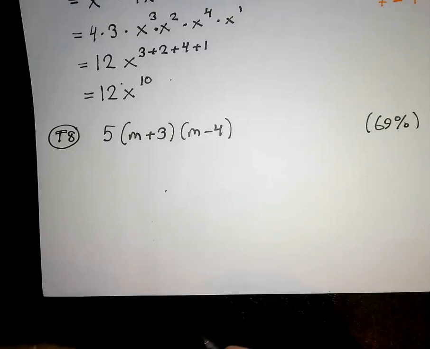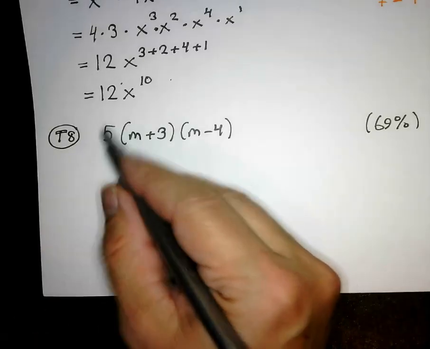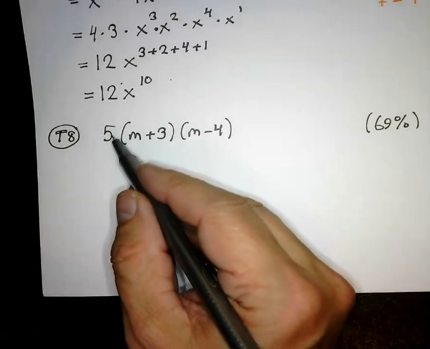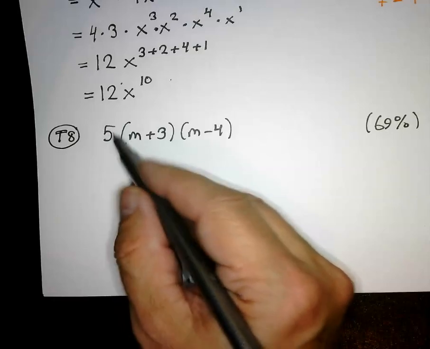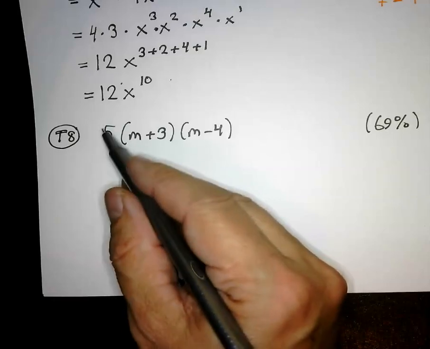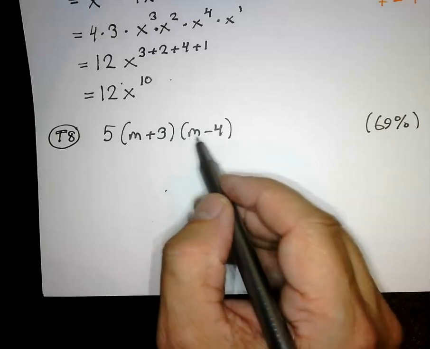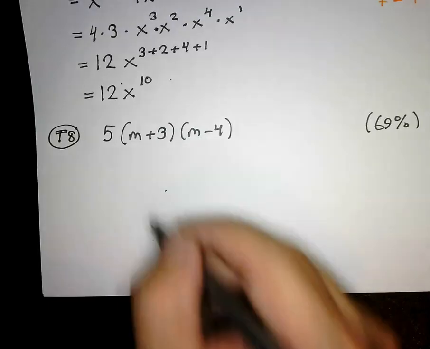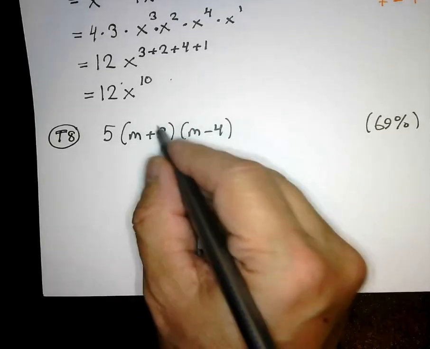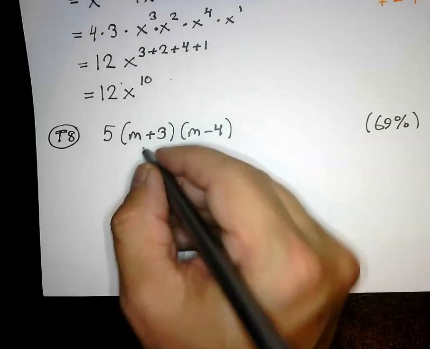I would do this so that I wouldn't do anything with this 5 yet. I will leave that in front of this expression. But then I will open those parentheses by multiplication.